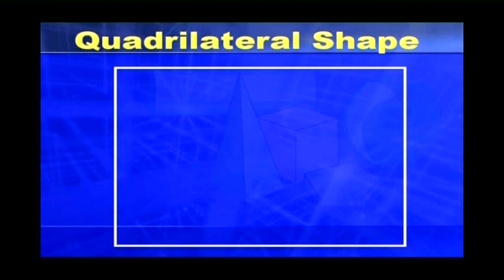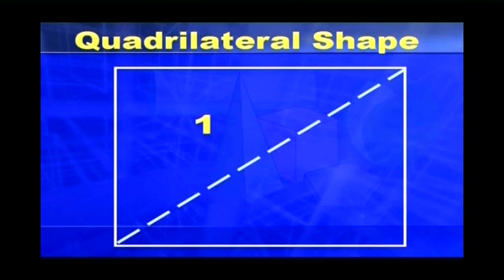Now, if I divide this quadrilateral diagonally like this, how many triangles have I formed from the quadrilateral? Receiving students and 70s, how many? 2. Very good. There are 2 triangles formed from the quadrilateral.